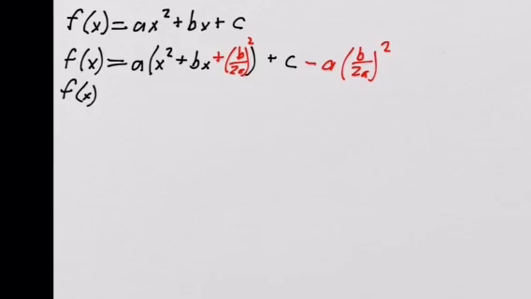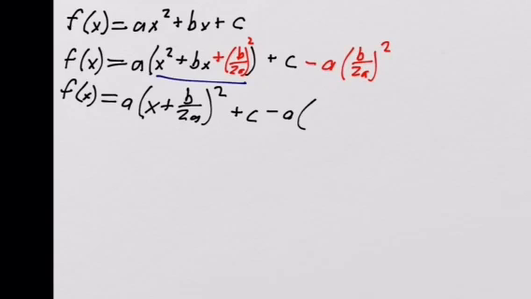So now we can rewrite this piece. We chose those numbers as we did so that it comes out to a square. So a times x plus b over 2a squared plus c minus a times b over 2a squared.